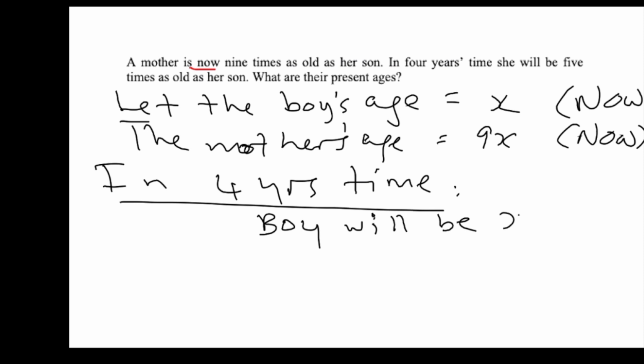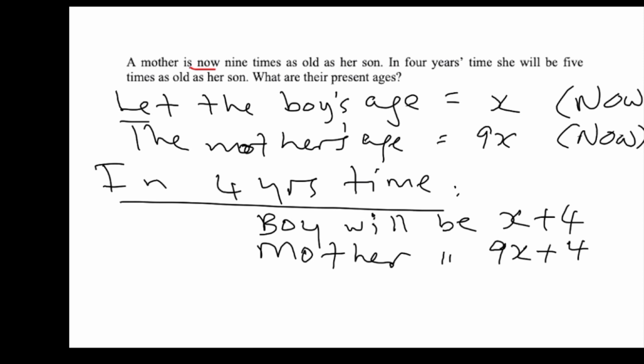He is x now, but he will be 4 years older. So in 4 years' time, he will be x plus 4. And then his mother will also be 4 years older, which means if she is 9x now, in 4 years' time, she must be 9x plus 4.